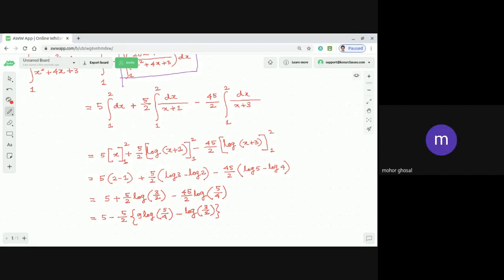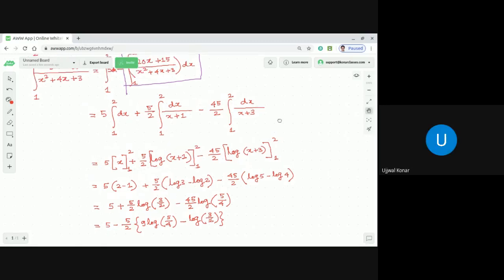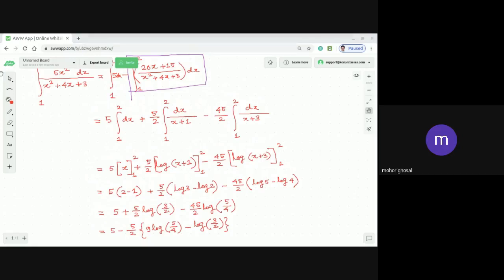Sir, I don't know if that is correct. I took the entire thing and applied 1 to 2. Is that correct? I will evaluate it actually. You have submitted. I'll evaluate it. One minute. So if I simplify this, I'm getting 5 minus 5 by 2 ln 3 by 2 minus.